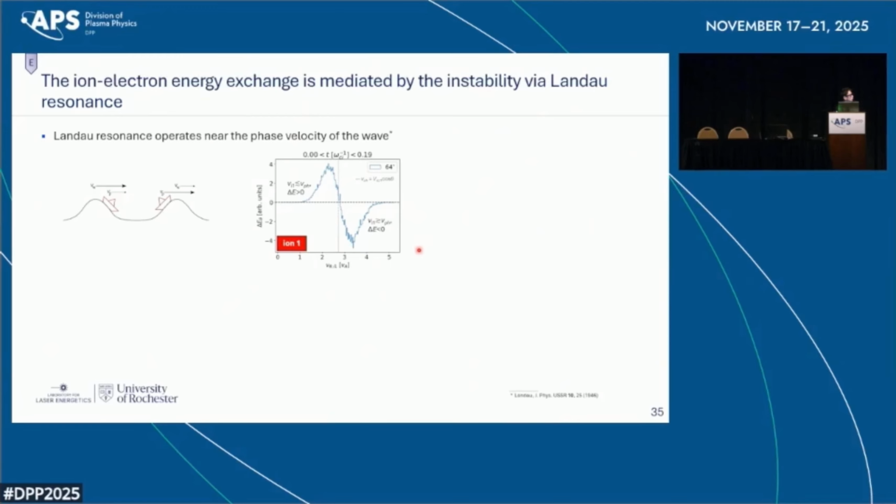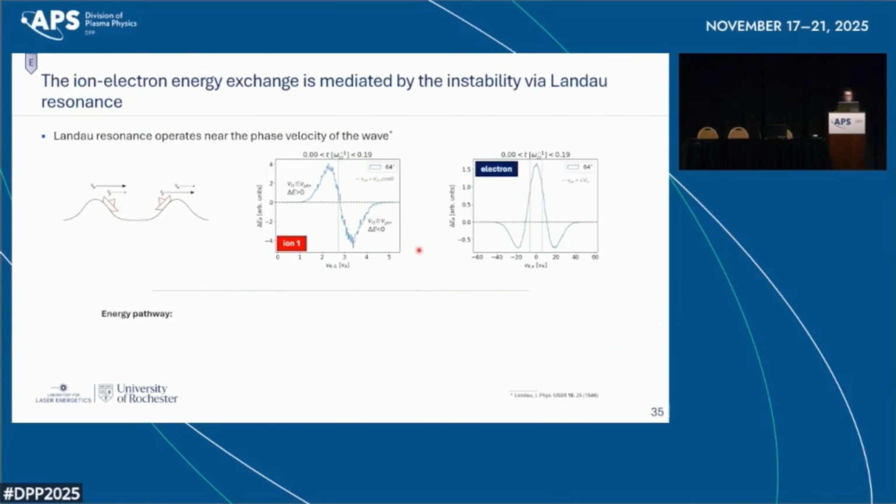And for these particles whose velocity is smaller, the energy gain is positive, meaning that they are gaining energy from the wave. Here I plot the same thing for electrons. It has a much larger range, but a similar thing happens. Faster electrons are giving their energy away, and slower electrons are getting energy from the wave. So this is the signature of Landau resonance.